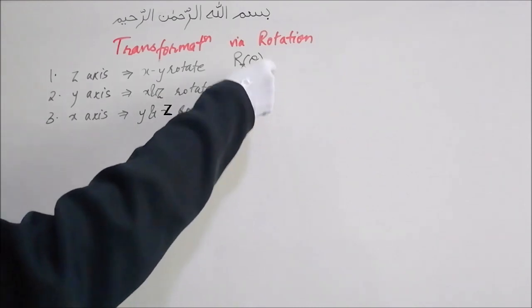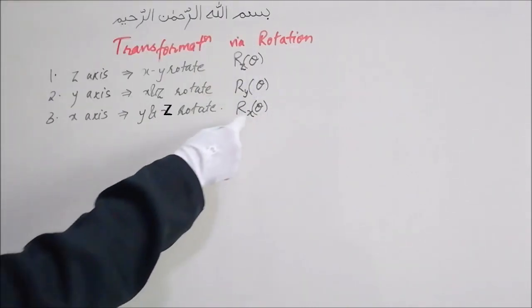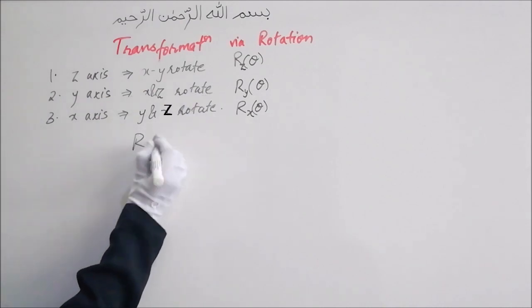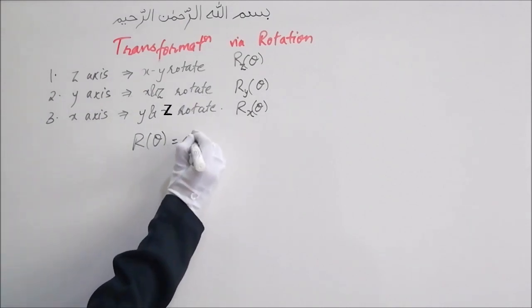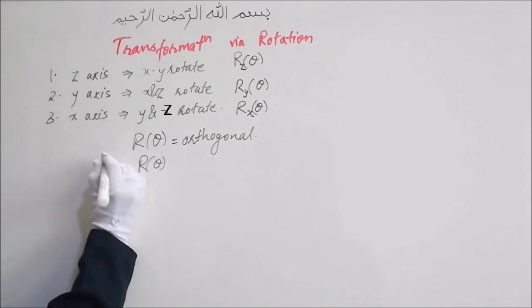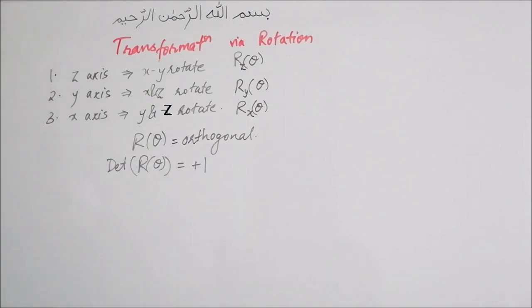Theta is the angle of rotation, and here x, y and z denote the axis about which the rotation takes place. And this transformation matrix R theta is an orthogonal matrix with determinant of R theta equal to +1.